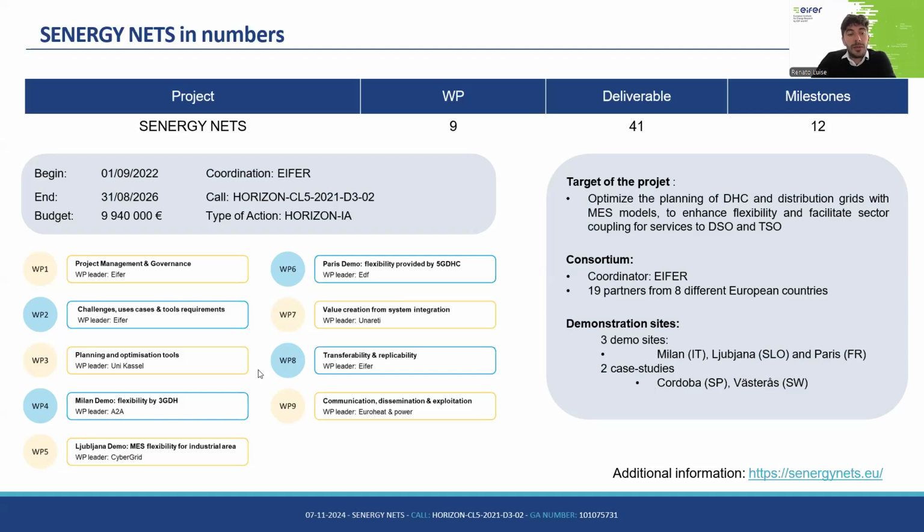And then you can see work packages 4, 5, 6. They are basically parallel work packages because they all include the study and the development of use cases and, of course, tool application of our 3 demo sites. Indeed, I will show you later on a map, but we have a demo site in Italy, one in Slovenia, and one in France.